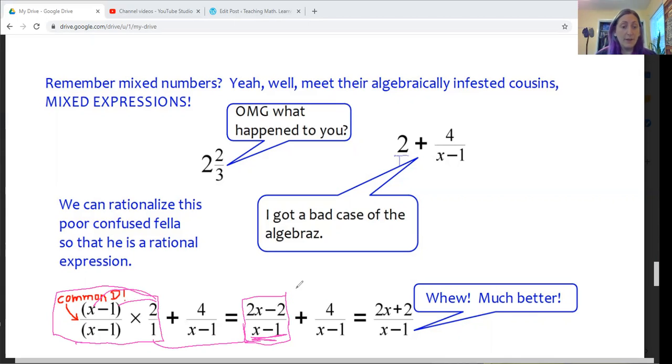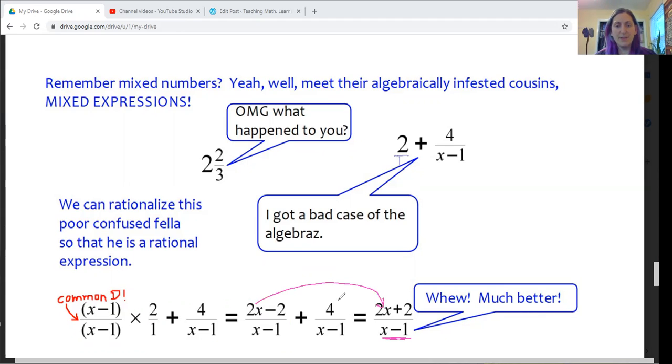Cool, right? Now we have 2x minus 2 plus 4 over x minus 1. We have the same denominator, so we can keep the denominator the same, and then we just add our like terms. Our 2x stays the same, and you have a negative 2 plus a 4.